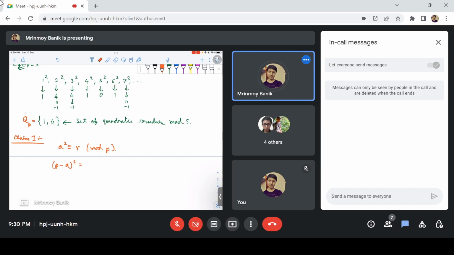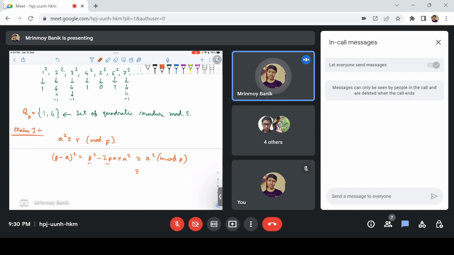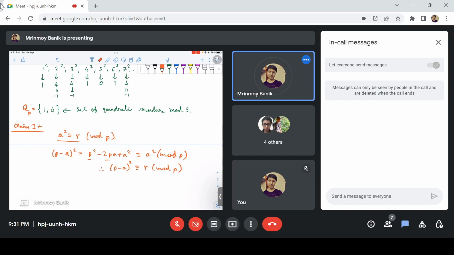If we square it and expand it, we get p squared minus 2pa plus a squared. Now the first and the second term are divisible by p, so this is congruent to a square mod p. And we know from our assumption that a square is congruent to r mod p. So therefore p minus a squared is also congruent to r mod p. So both a and p minus a give the same remainder, right?